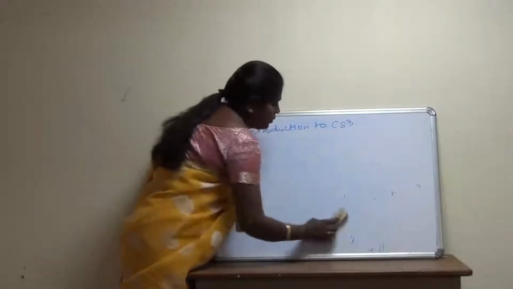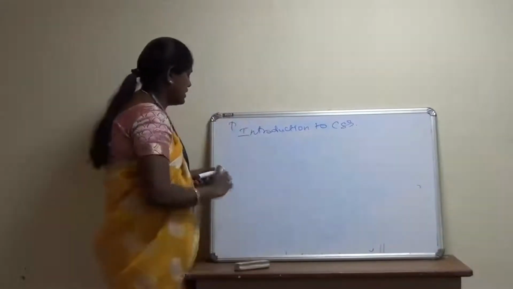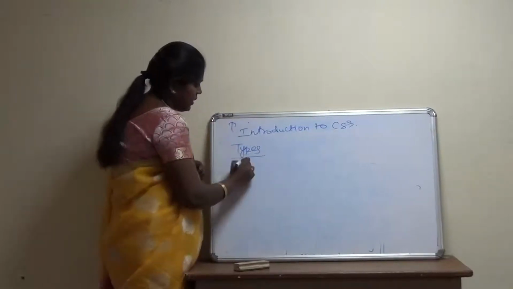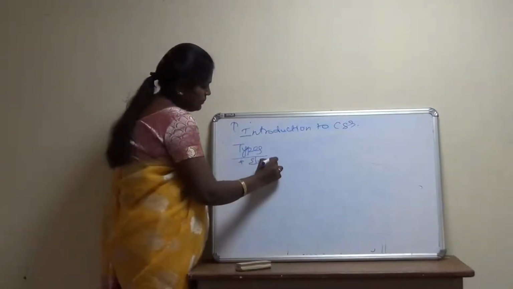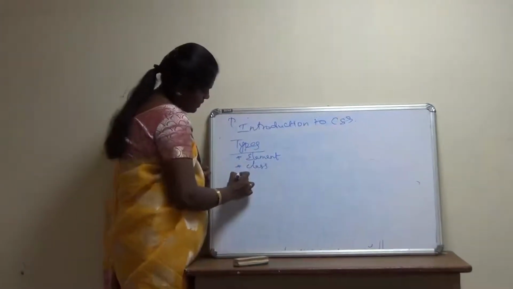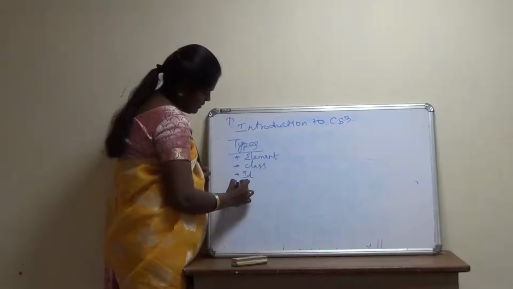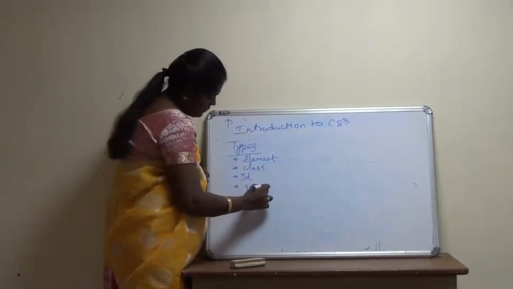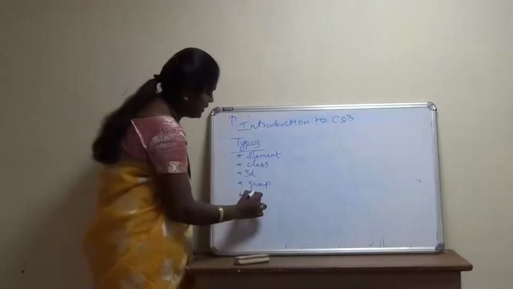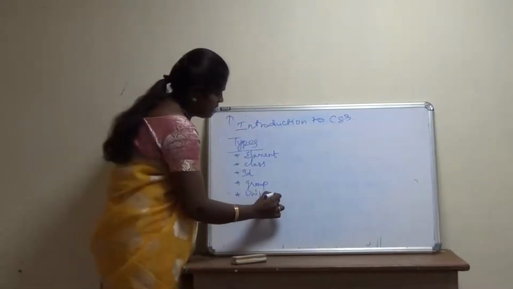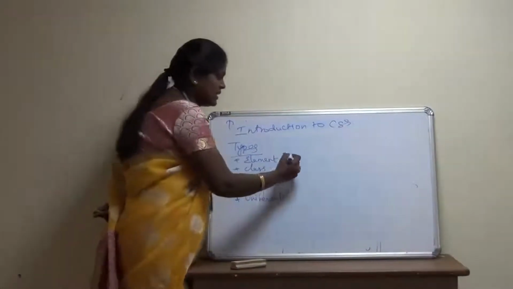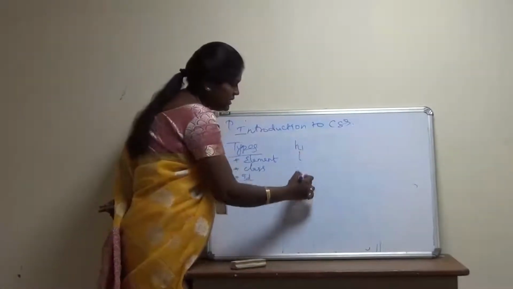Now we will see the different types of selectors. We have the element selector, class selector, ID selector, group selector, and the last one is the universal selector. The element selector is a simple selector, which we have already seen.